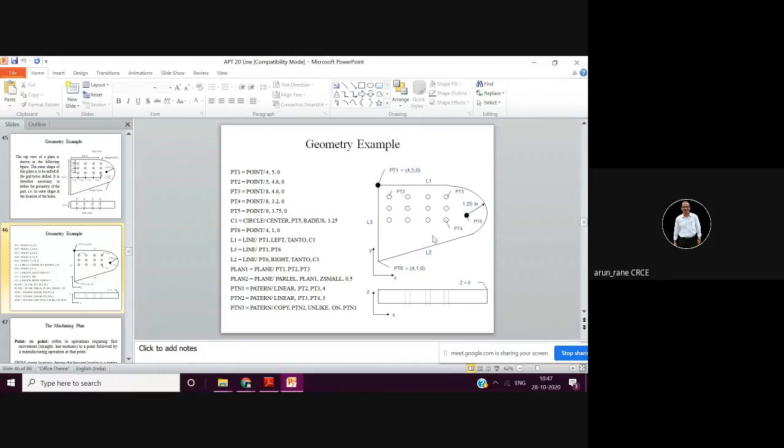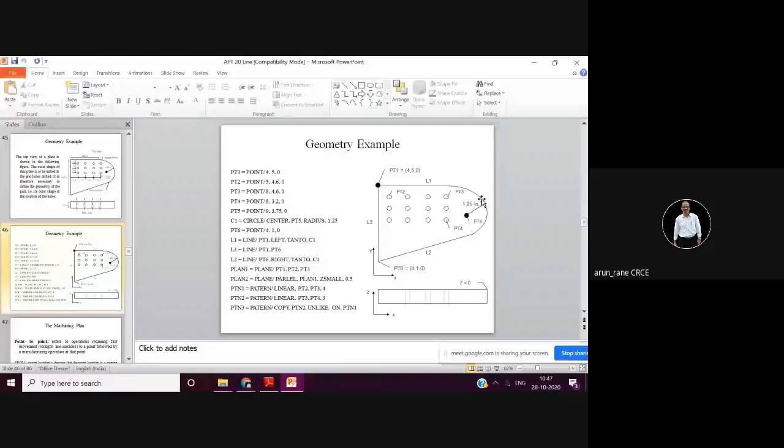What we say is that it is tangent to this circle and on the left hand side. So tangent to C1 and left hand side of this circle.